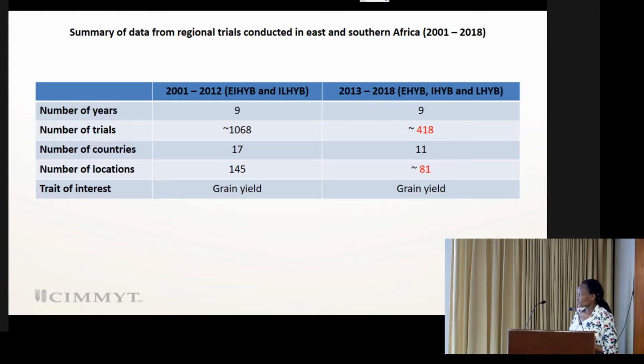And also this is the data for these groups of hybrids, the number of years in which that has been going on, the number of trials, and here we are still counting because verifications and the data is still in progress. The number of countries at the moment and the number of locations, still the focus is on grain yield under different stress conditions.